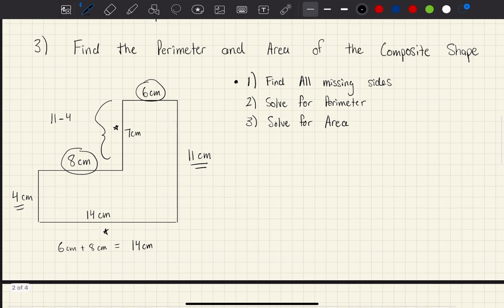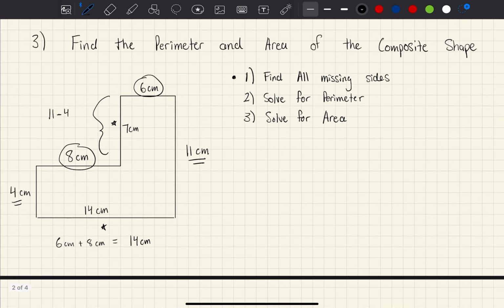Good. So when we're trying to solve for the area and the perimeter for shapes like this, let's do the perimeter first. Our perimeter, like I mentioned above, is all of our distance on the outside of any shape. So we can add up all of those side lengths. Starting at the top, 6 plus 11 plus 14 plus 4 plus 8 plus 7.